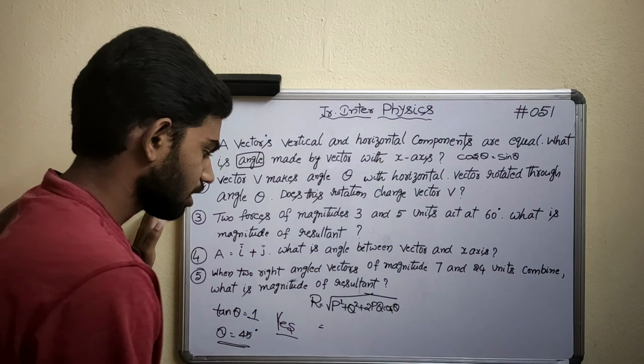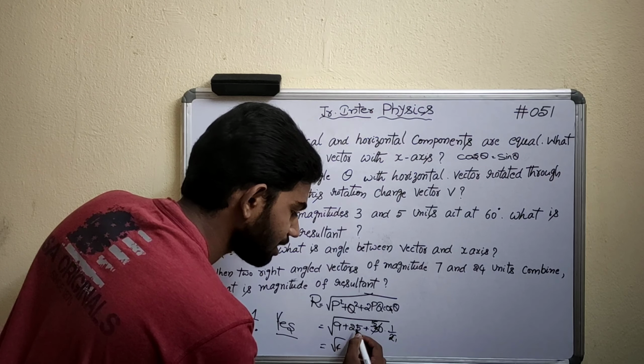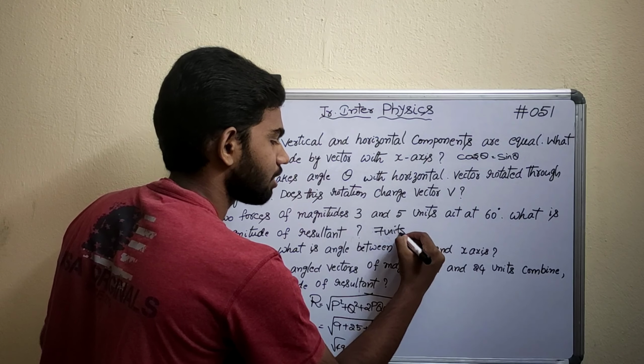Can substitute easily. 3 square is 9, plus q square, that is 5 square equal to 25, plus here 2 into 3 into 5 is 30, 30 into cos 60, that is 1 by 2, so 2 ones 2 15s. That is root of 9 plus 25 plus 15, that is root 49, that is equal to 7 units. So resultant is equal to 7 units. So this is the answer for the third question. 7 units is the resultant magnitude.